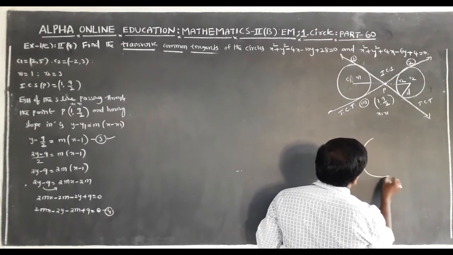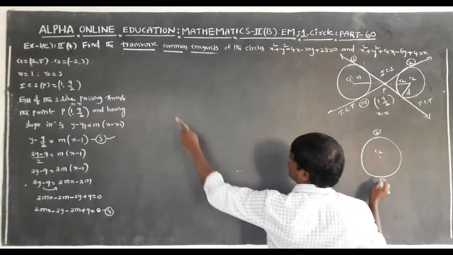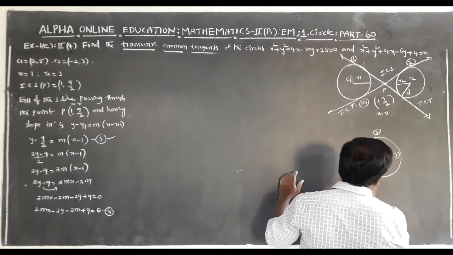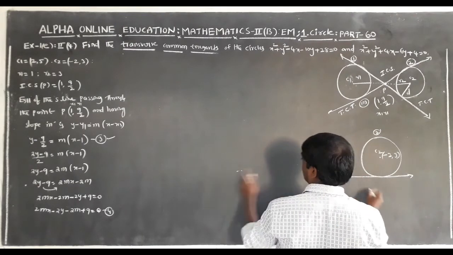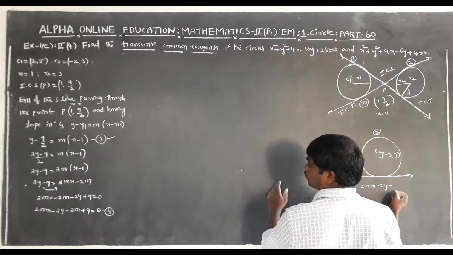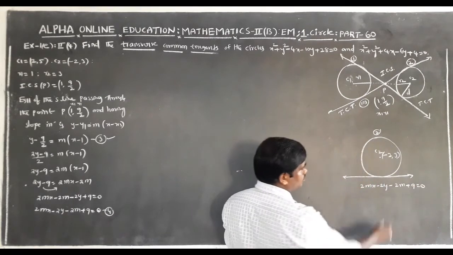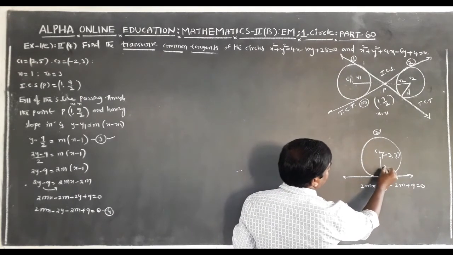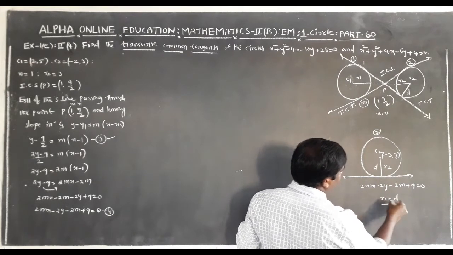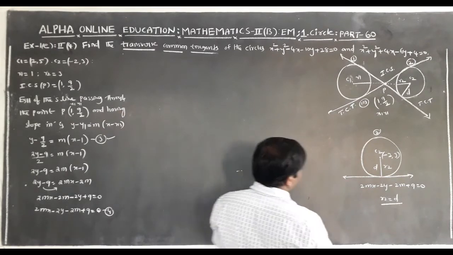Here for the second circle, C2 is the center, C2 is equal to (-2, 3). This is the equation of the line: 2mx minus 2y minus 2m plus 9 is equal to 0. If the line touches the circle, then R2 is equal to D. R2 means the radius of the second circle.